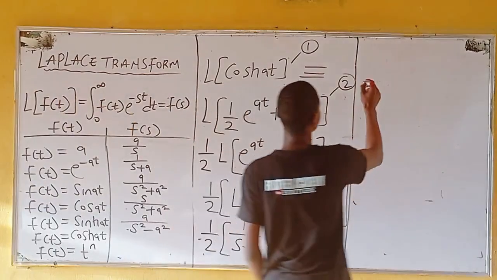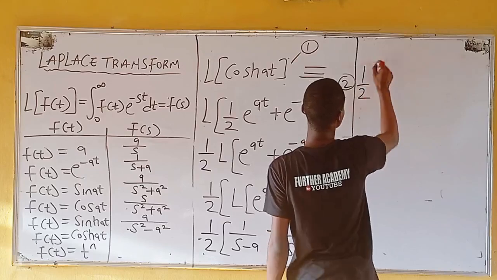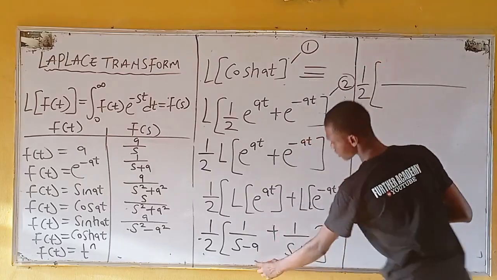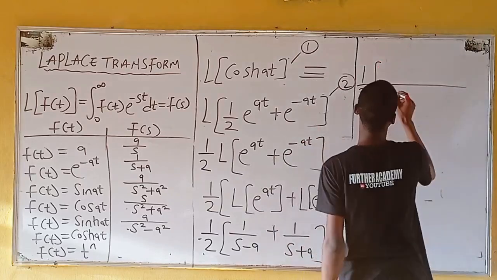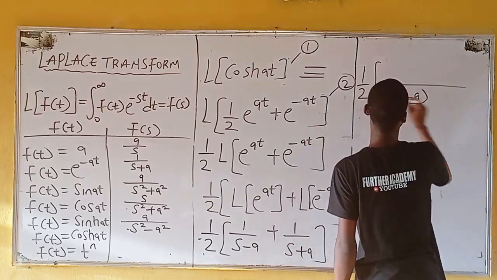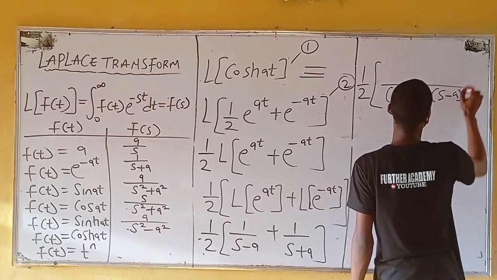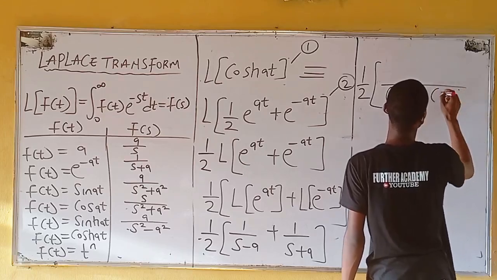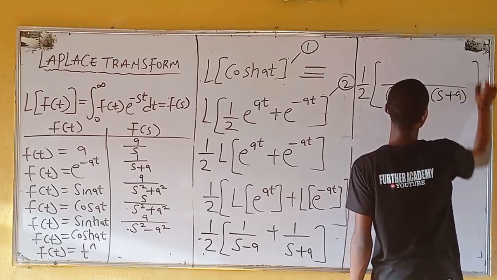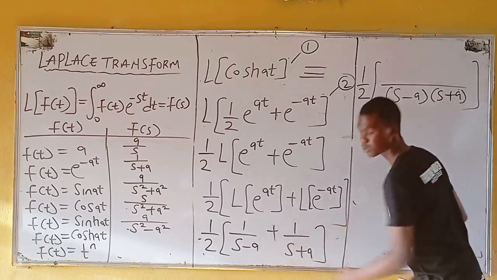Now, take LCM. I then have 1 over 2 into bracket, this is also a difference of two squares, meaning s minus a, s plus a, close your bracket.